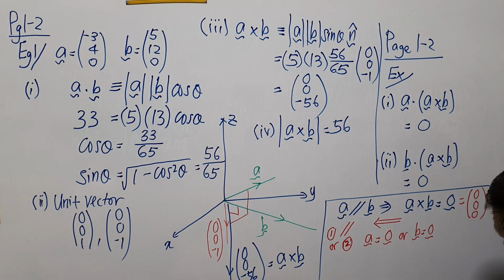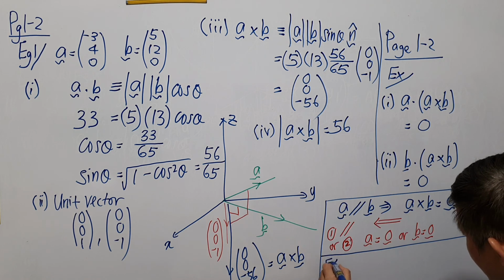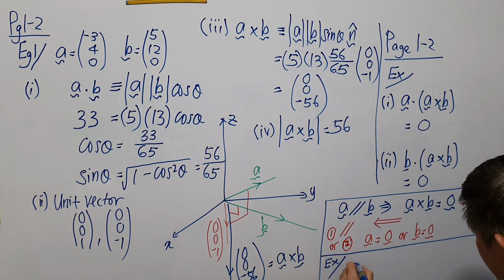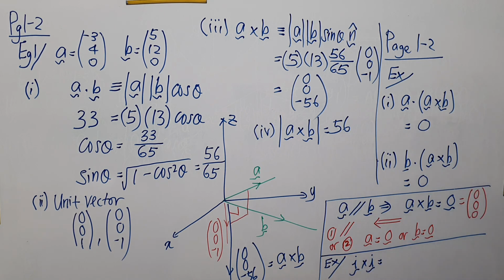And now we want to do a simple exercise right below on the same page. The exercise asks you to find what is I cross I. Because I and I are the same vector, they are parallel and in the same direction.